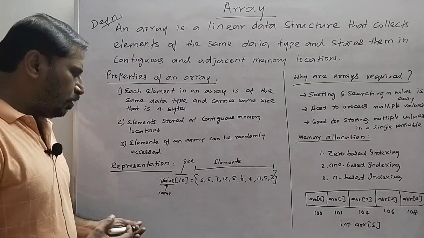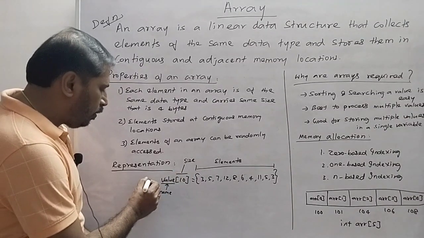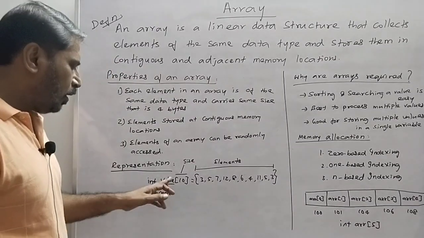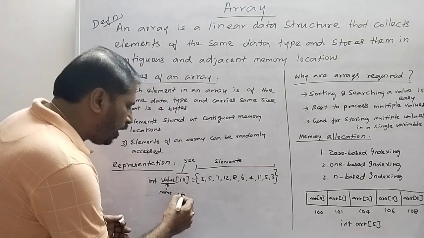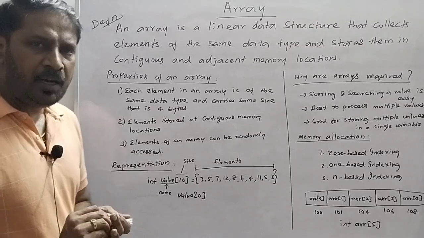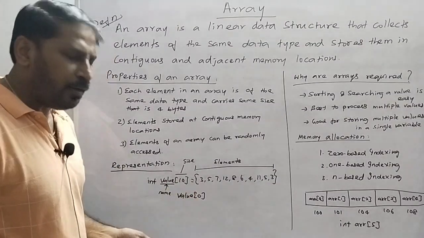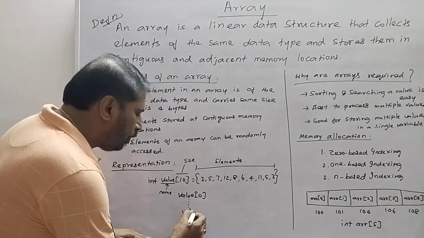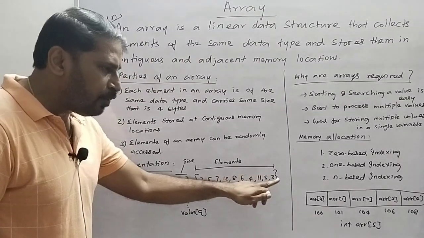Suppose these numbers are integers; in a program we are able to declare int value[10]. What does value[10] mean? It is represented like value[0], and keep in mind that an array always starts from the 0th element, not 1. So, it starts from 0 up to value[9]. Okay, 0 to 9, there are 10 elements.